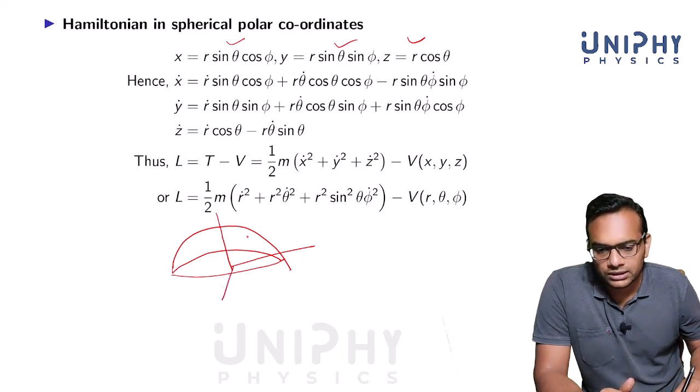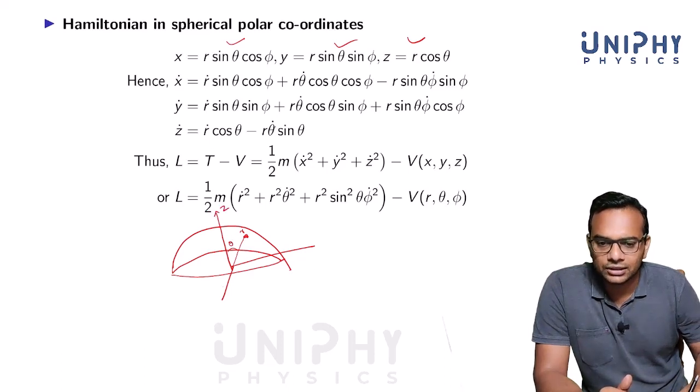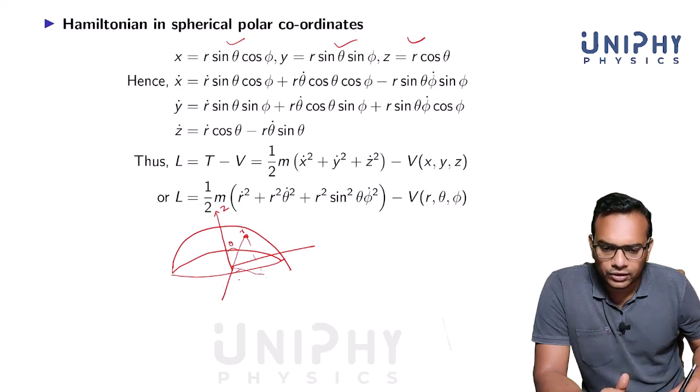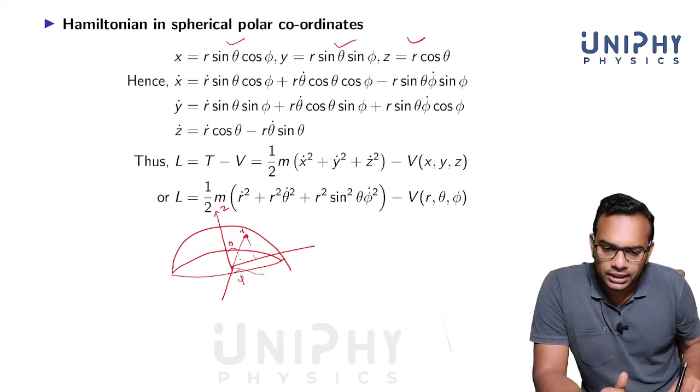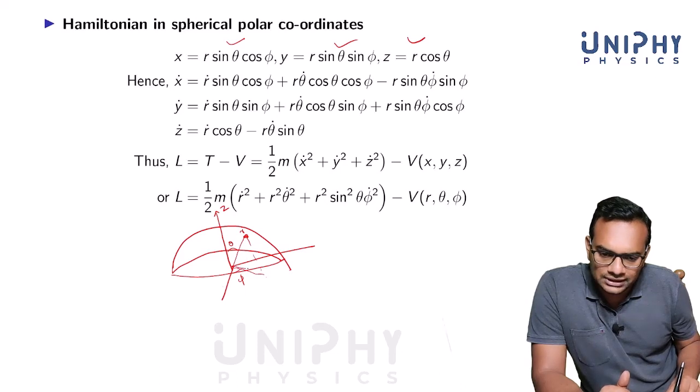We have got some particle here. This we call r. This angle with z we call theta. That's why we have z equal to r cos theta. And this angle we call phi.